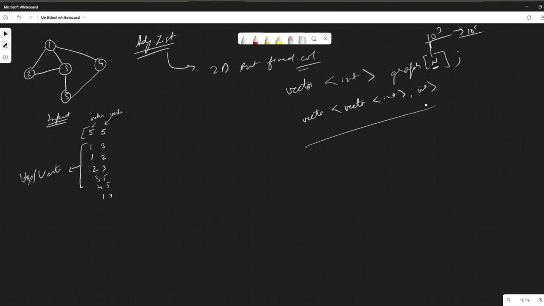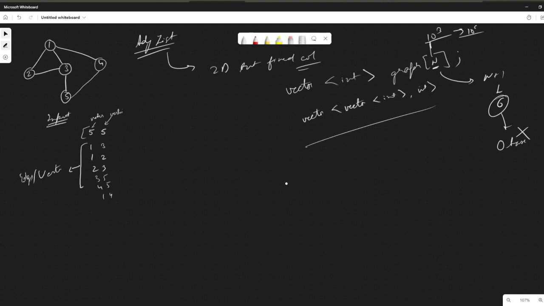Let's try to understand how to fill it. Suppose we have n vertices, so let's take n plus 1, so 5 and 6. Here we are not considering zero based indexing.